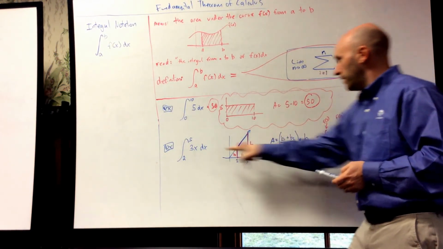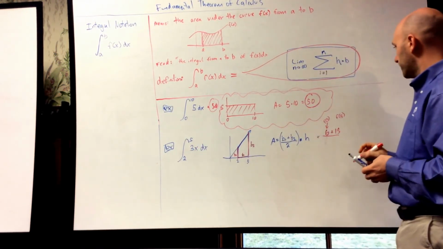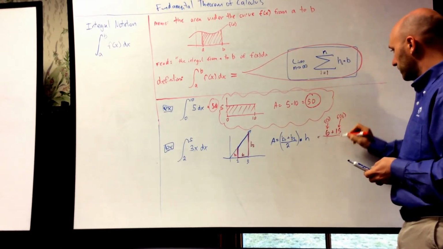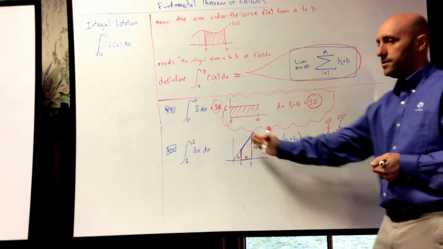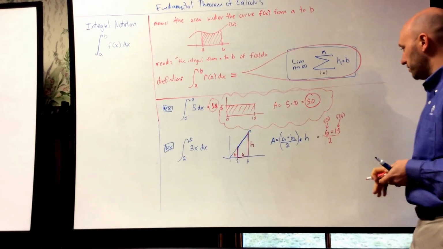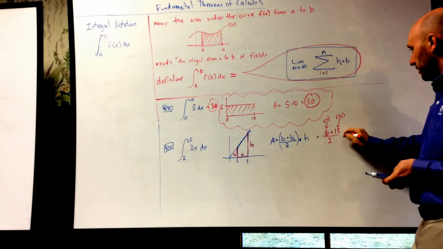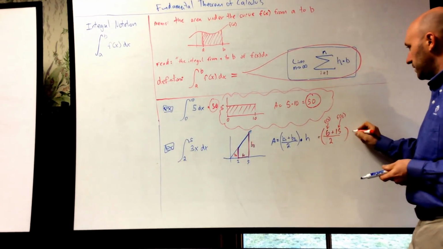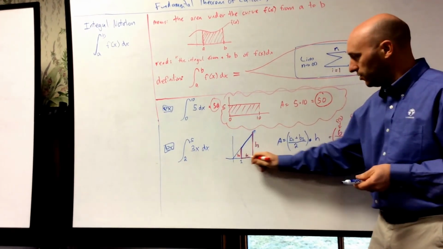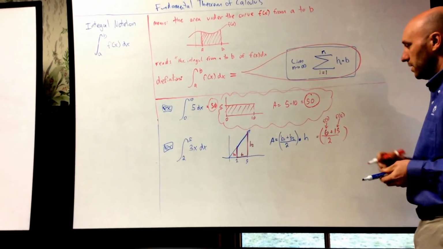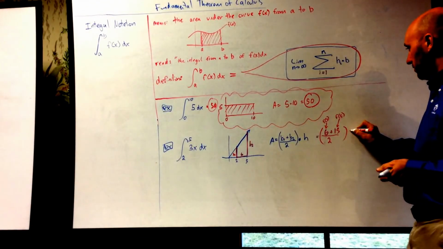The function, 3x. Oh, I see what you did. Alright. So to get the height, it's the same as plugging into the function. Good point. And whatever that is, times the actual height, which is actually more like our base in this one. 5 minus 2, which is 3.